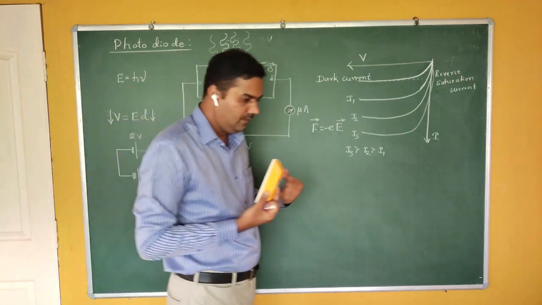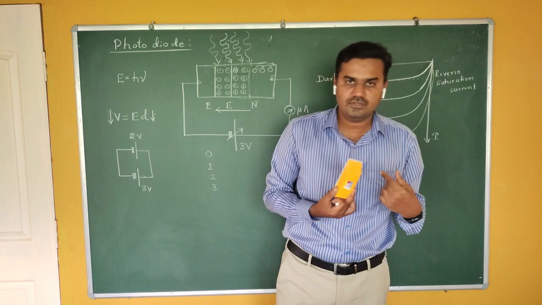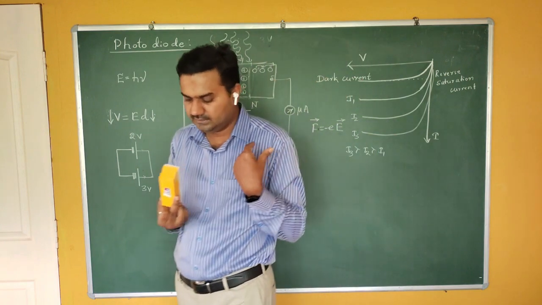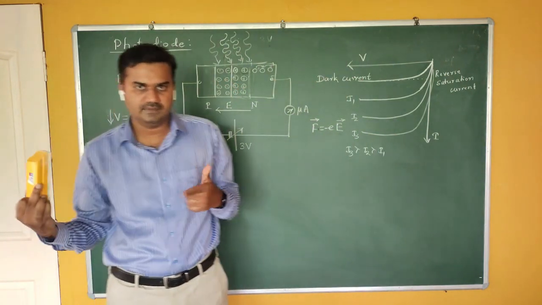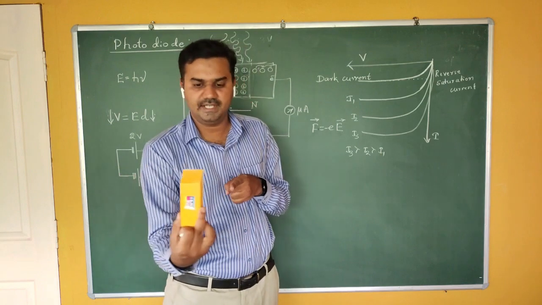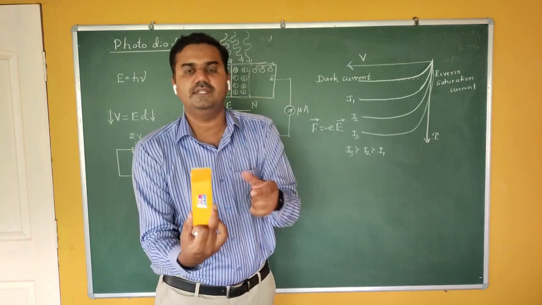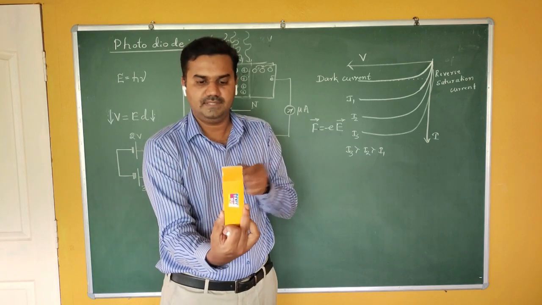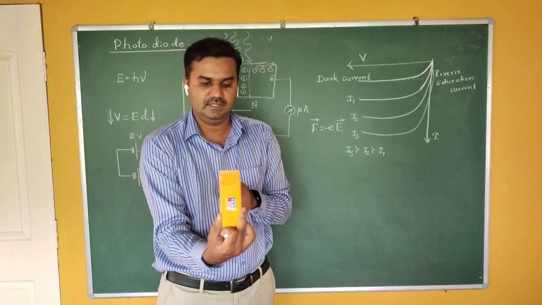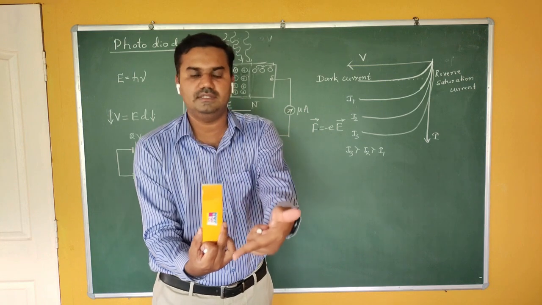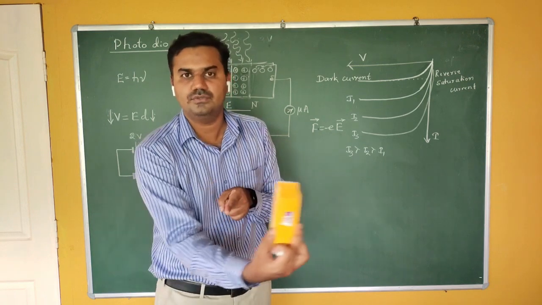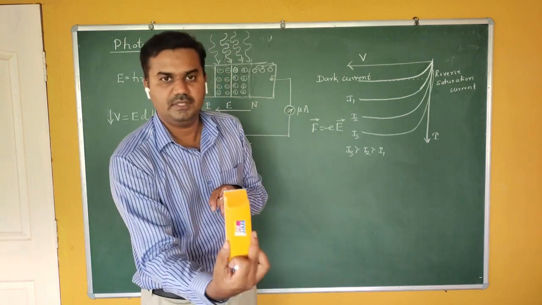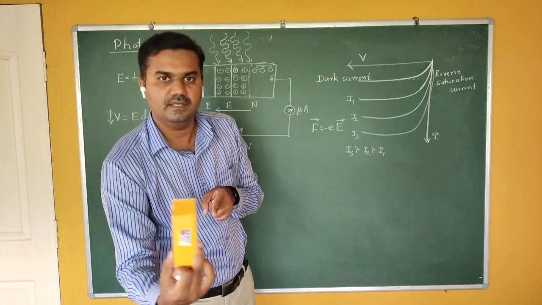To check the thickness of a sheet, photodiodes are also used. They put a sheet like this, with light on one side and the photodetector diode on the other side. If the thickness is around 1 millimeter, the light passes through, and on the other side you get a current, so the machine allows the material to pass.